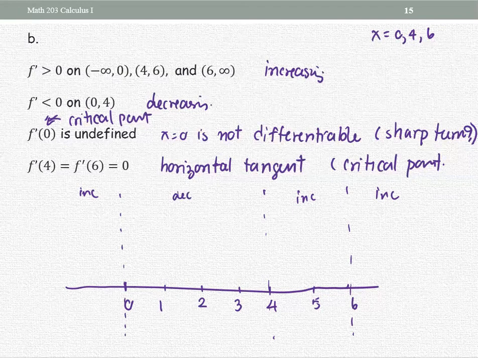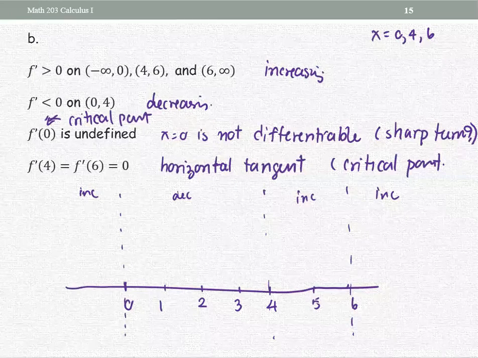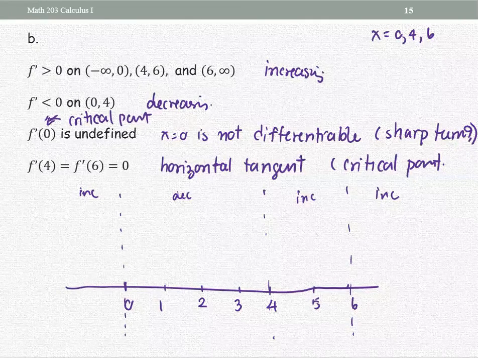F prime at 0 is undefined, so that is the point that is not differentiable, or the sharp turn. On the left increasing, on the right decreasing. F prime at 4 and F prime at 6 equal 0, so those are the points where the graph turns, or what we call a smooth turn.